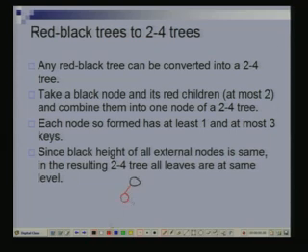Suppose it had 2 red children. I am going to combine all 3 into one node, so this one node will have 3 keys.